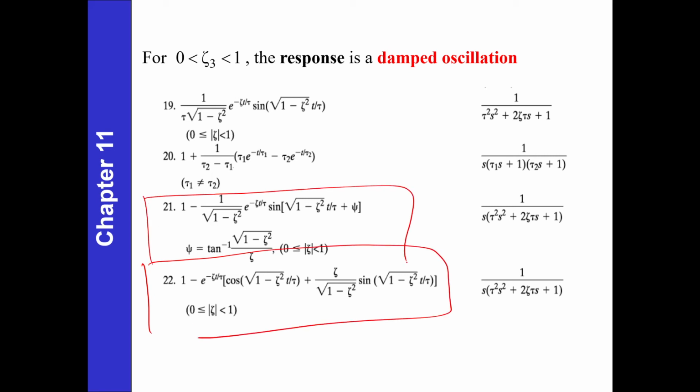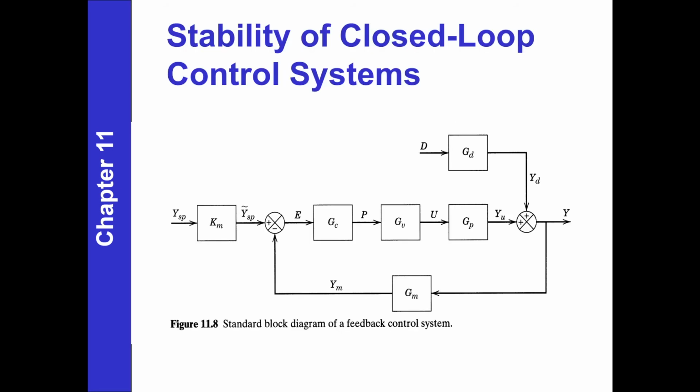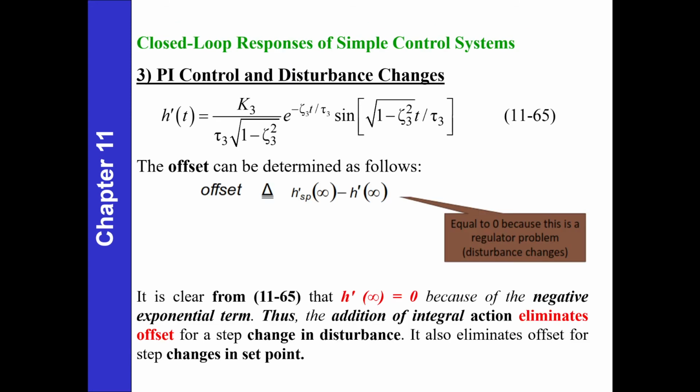It's quite complicated, and from the graph itself, it's going to be an oscillation and overshoot, and so on, which is covered in chapter 5. And also you can find the offset for this system.